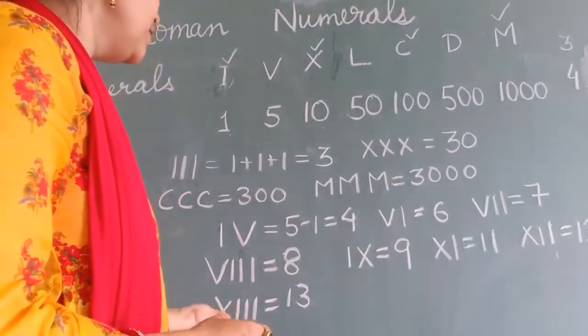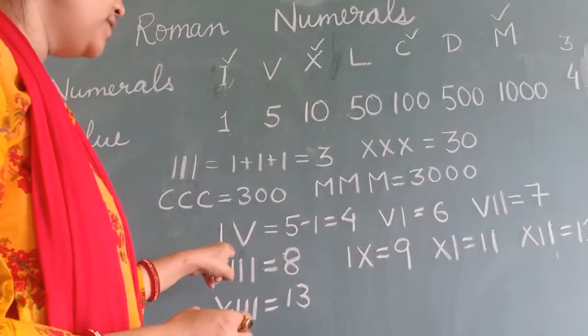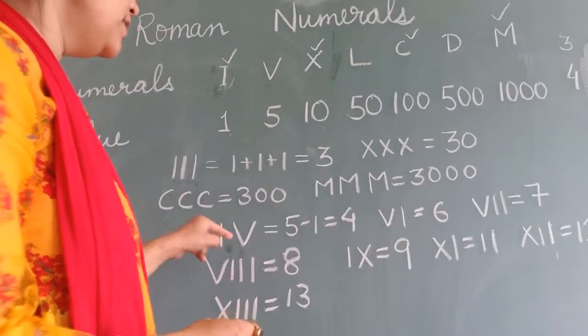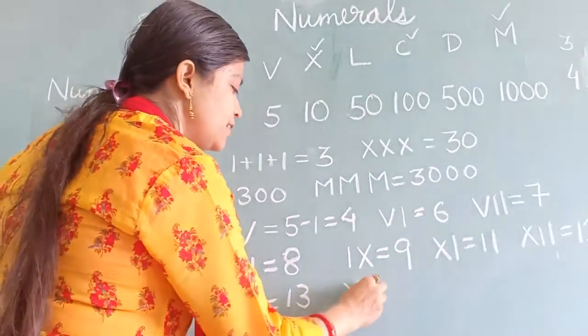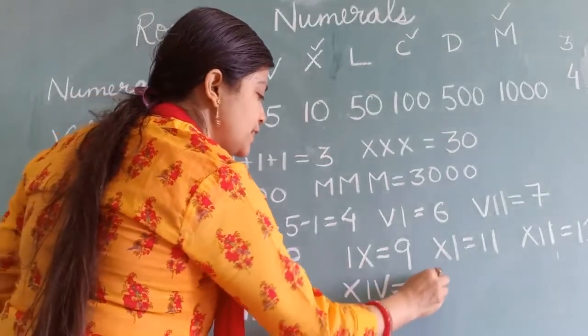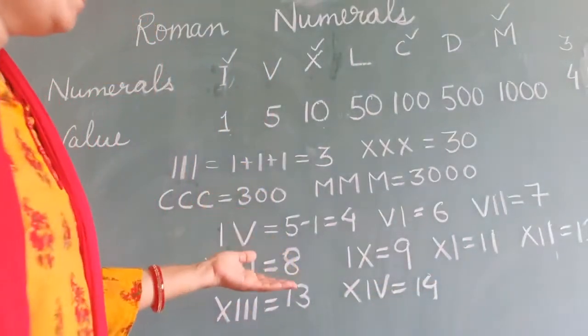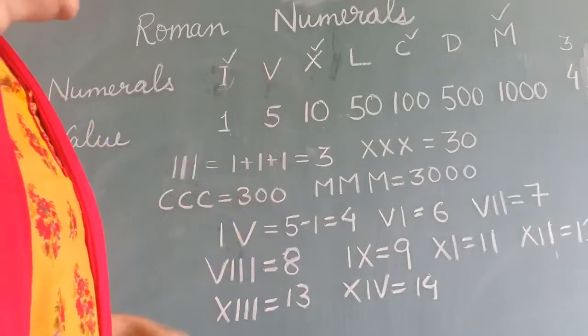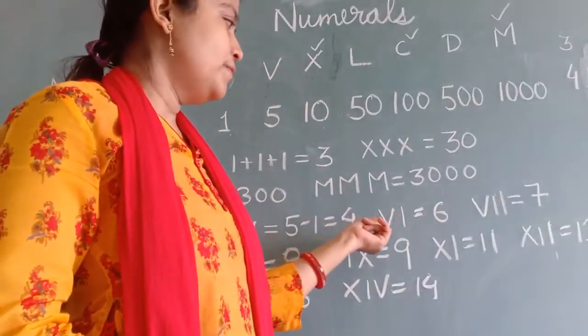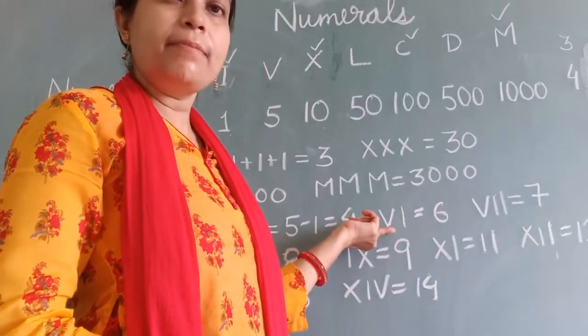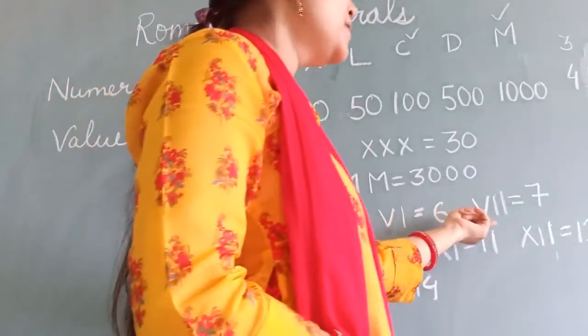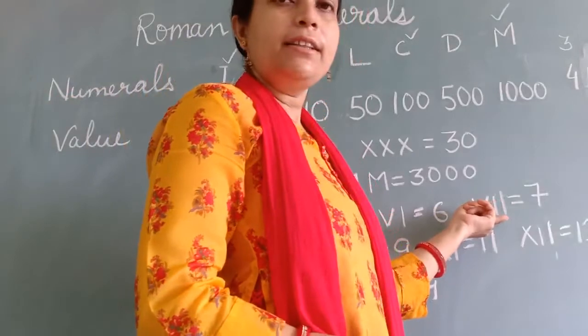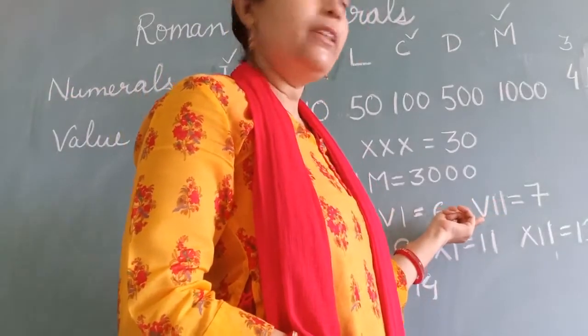And then 14. For 14, what will you do? 10 plus 4. So we can write like that, 10 plus IV, this is 14. 15 you will write 10 plus V, that is 10 plus 5. 16 you will write 10 plus VI, means 10 plus 6, 16. 10 plus V and 2 times I, that is 10 plus 7, 17.